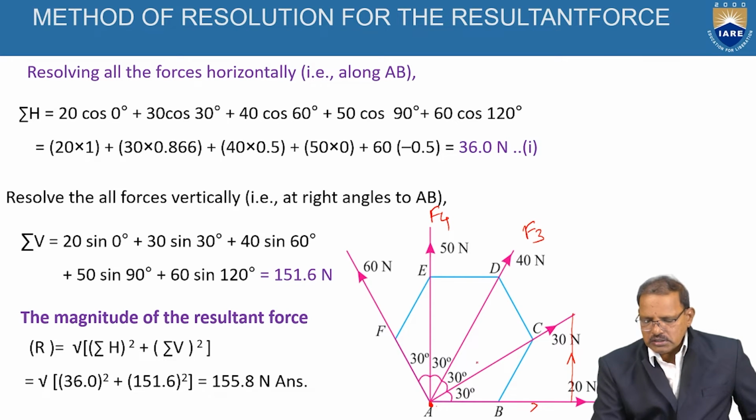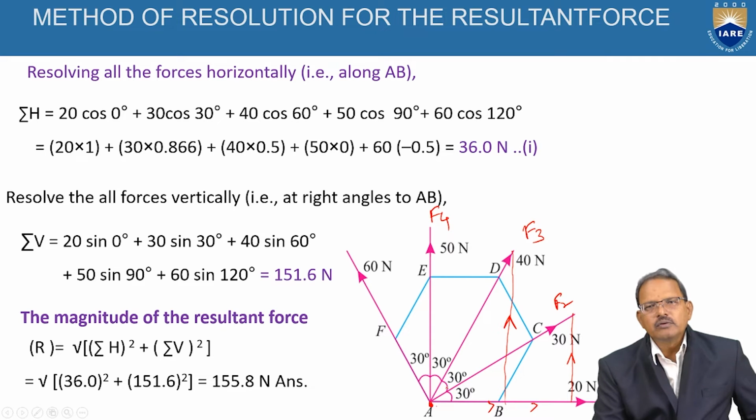Similarly, the third force F3, 40 newtons, making an angle of 60 degrees, can be resolved into two components again. One is acting toward the right, positive, and the vertical component is acting upward.